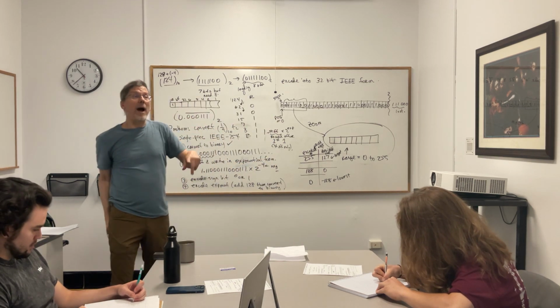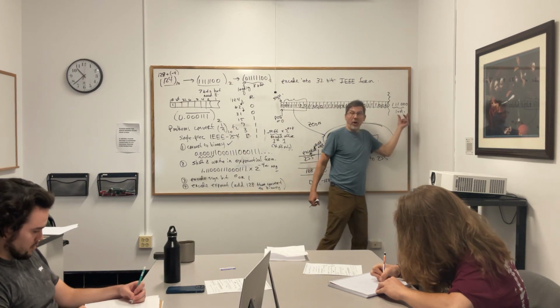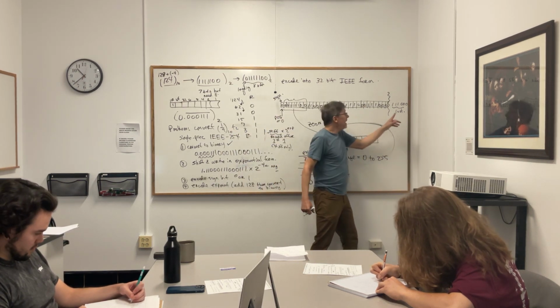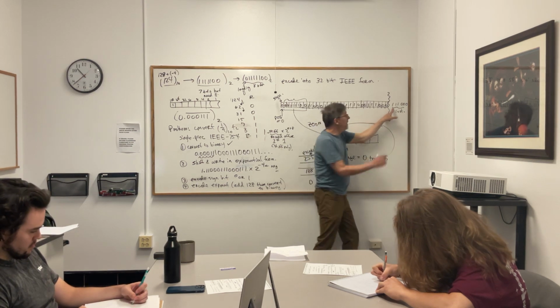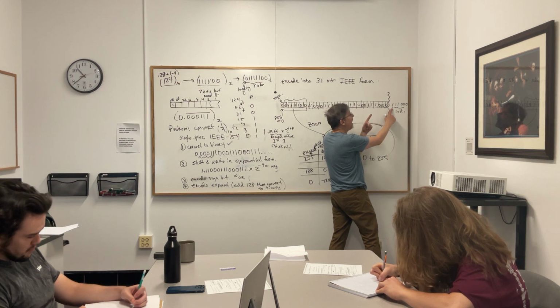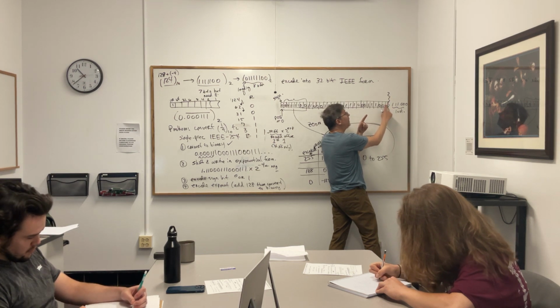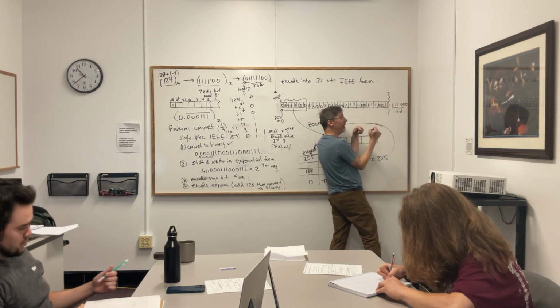So we're going to round. We're going to look at this part that's over here. If this starts with a 1, I'm going to round this digit up to 1. And it does, so I'm going to round that digit up to 1.